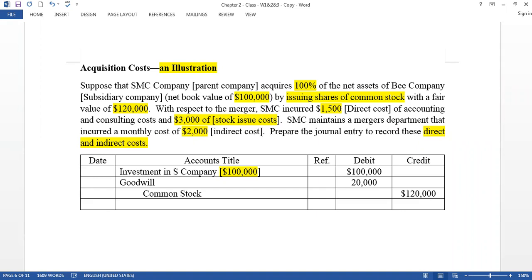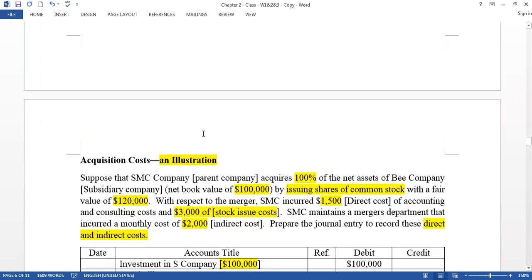Brokerage cost belongs to the market, but merger department cost is inside your company. So whenever you have the cost inside your company, it is indirect. But when you go to the market to buy another company, and some brokerage firms help you buy this and you pay them cost, this is the direct cost. So I think you understand the difference between direct and indirect.